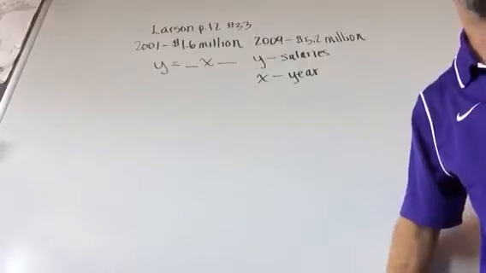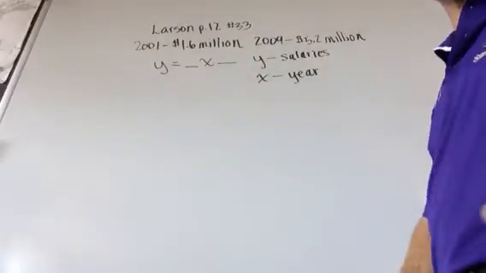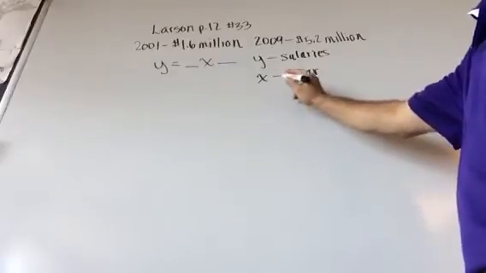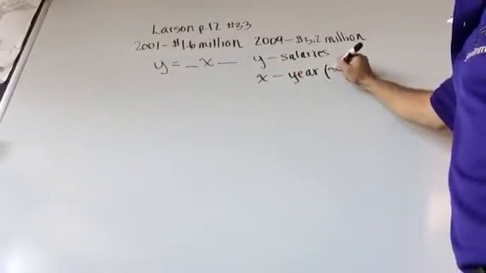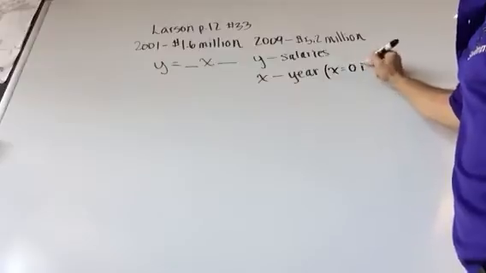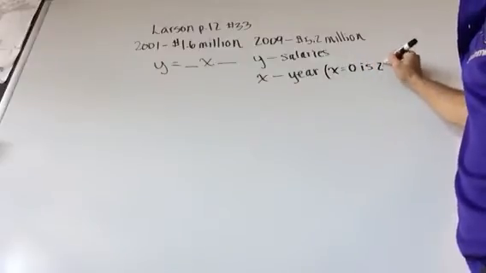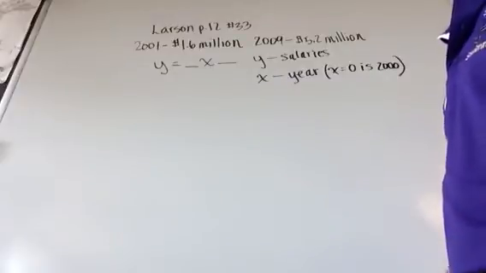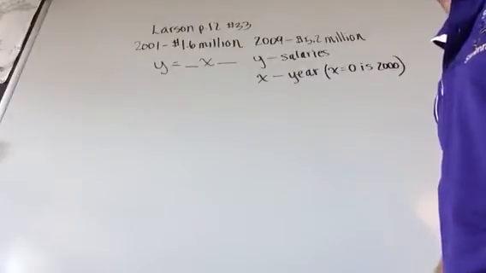So in order to let everybody know that we're doing that, so that it's not just assumed, I'll say x is the year, and x equals 0 is the year 2000, and just state that right at the beginning.